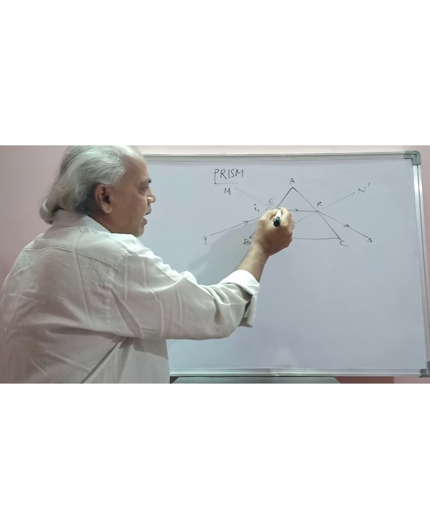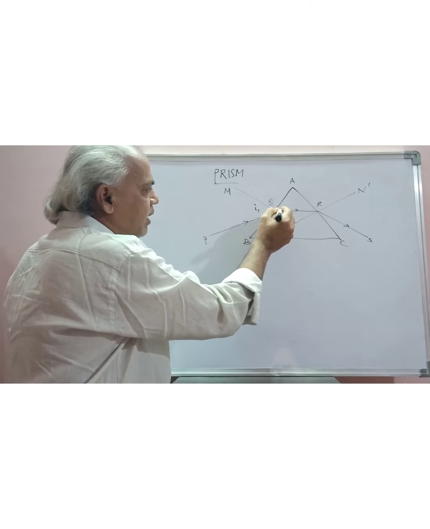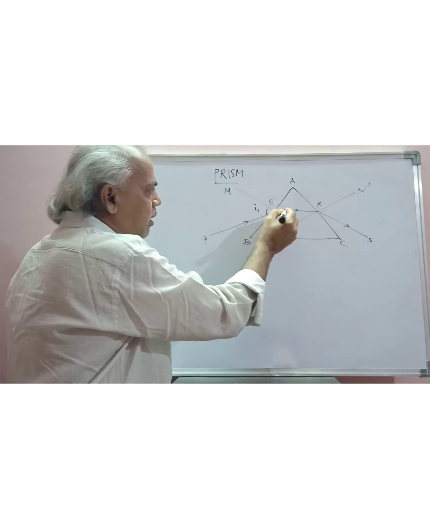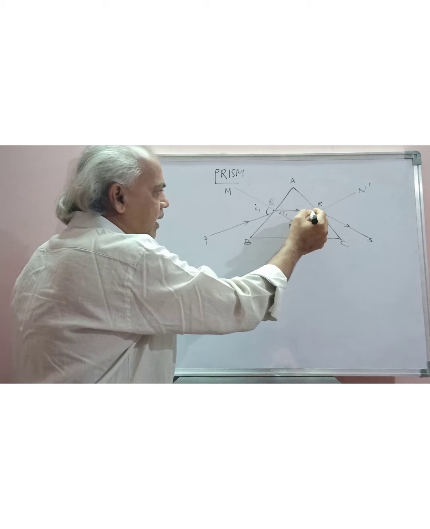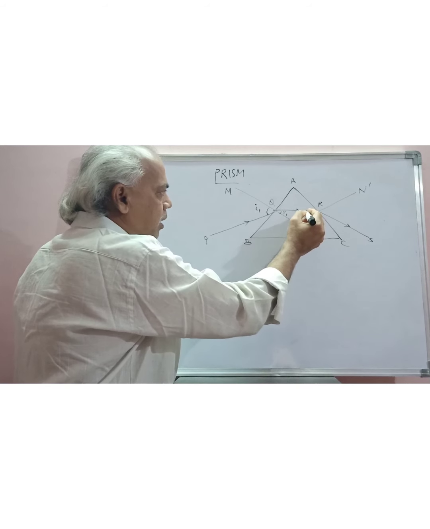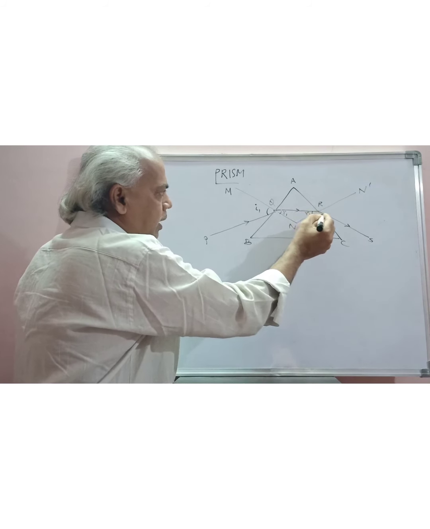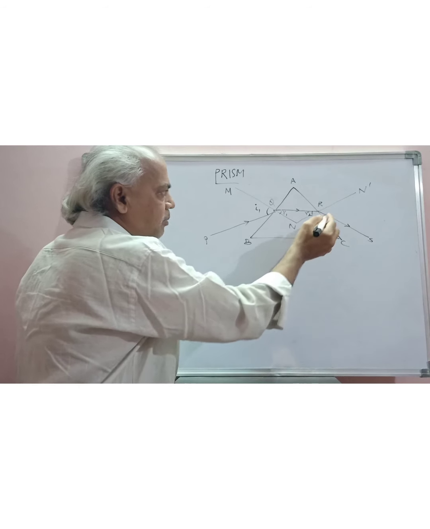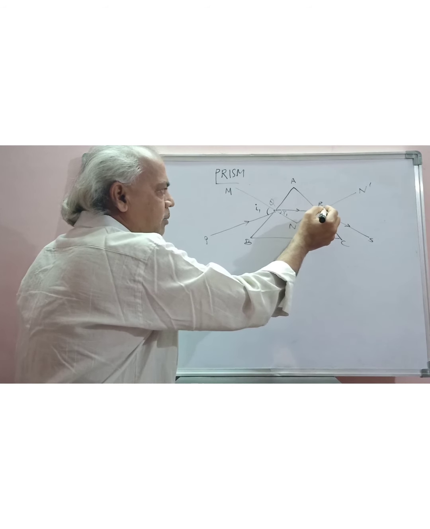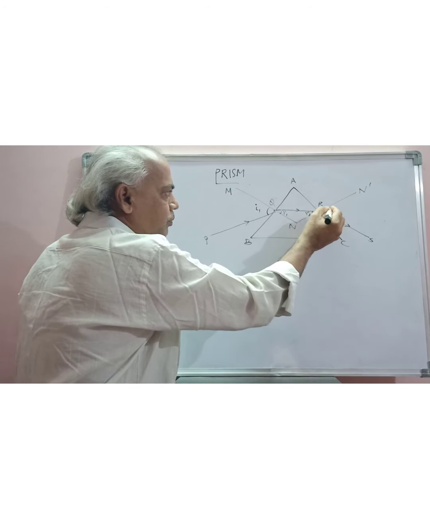Here the angle of refraction is R1. Here also we make some angle, that is R2, and RS is the emergent ray. It makes an angle with the normal, that is I2.